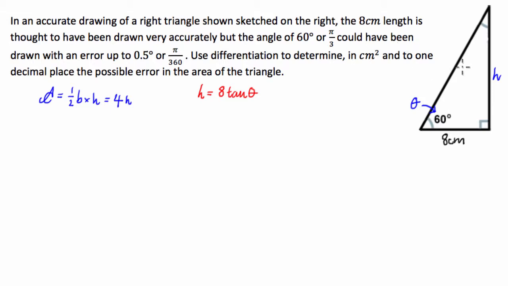Cool. Now, we're going to substitute this back into our equation, and we're going to have 8 times 4 is 32. The area of this triangle is going to be equal to 32 tan theta. So this is where we're going to use our incremental formula for the small changes in the angle theta.